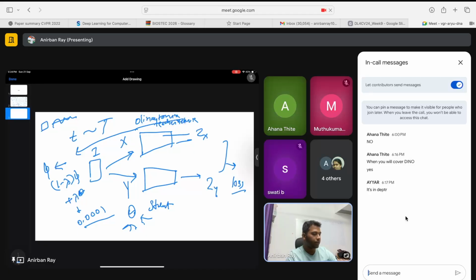So let's say this is a masked image, represented by I_X, where some of the patches are masked, and this is I_Y. So this is how it is fed.